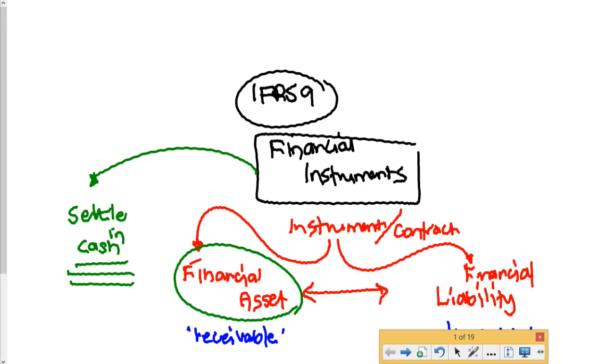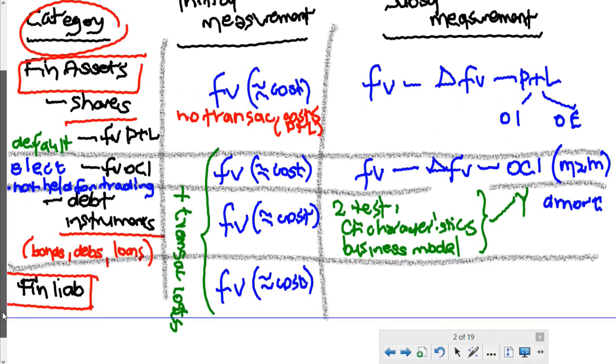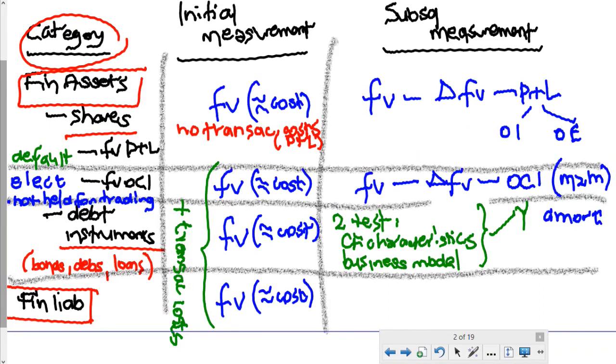So let's just look again here at the different categories. Your different financial assets are predominantly shares, investments in shares, or debt instruments. Share instruments default to fair value through P&L. If they're not held for trading, we can elect to carry them at fair value through OCI.